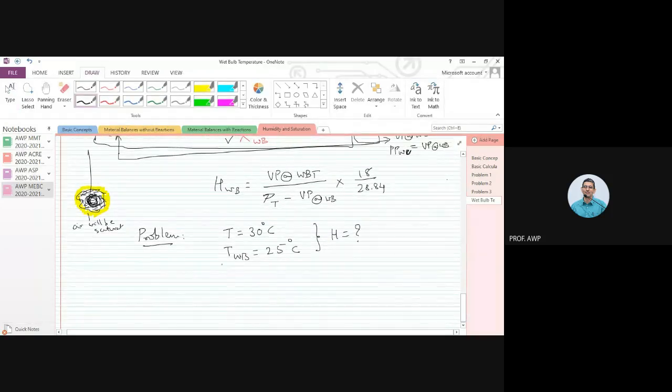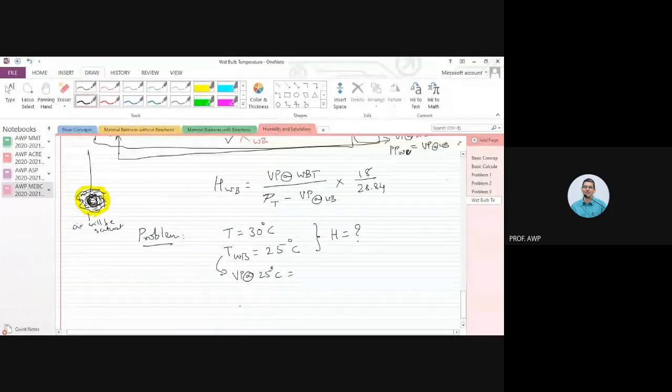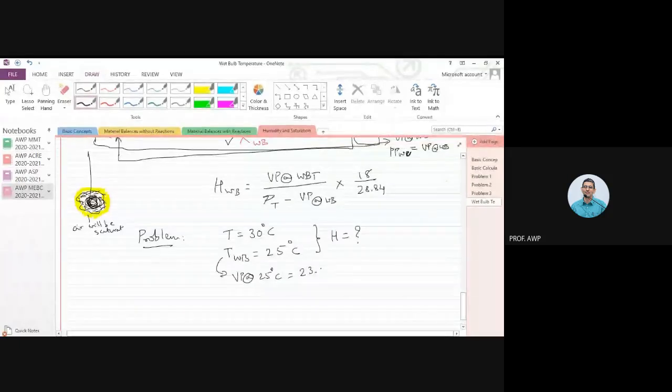Temperature of the wet bulb is 25, so we will calculate vapor pressure at 25 degrees centigrade. Somebody calculate and tell me. 23.6. Wow, you people are fast. 23.6 mmHg.